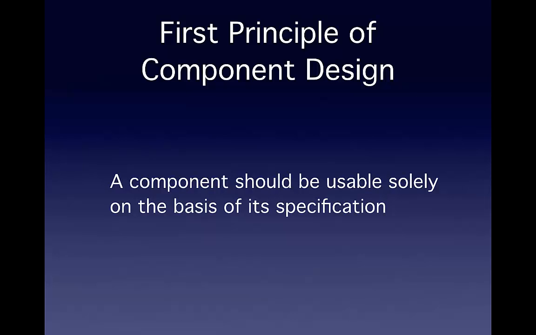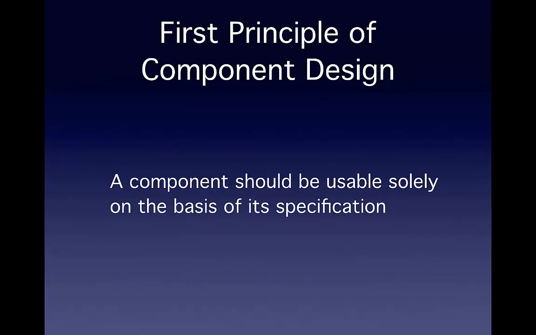From the perspective of formal reasoning about components, this is perhaps the most important principle of component design. A component should be usable based solely on its specification. We'll talk more about exactly what a specification is in the next video, but for now, think of the specification as the interface plus the documentation for that interface.